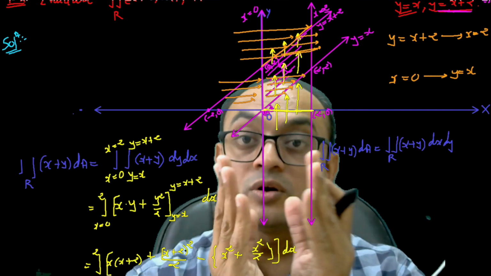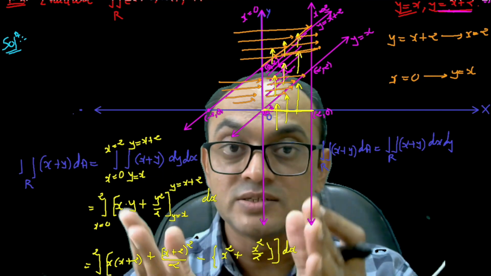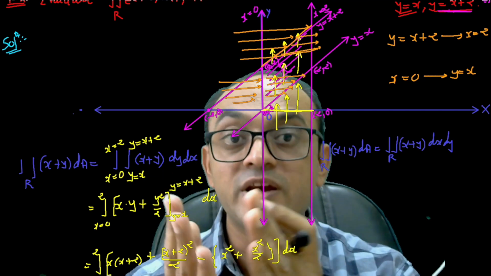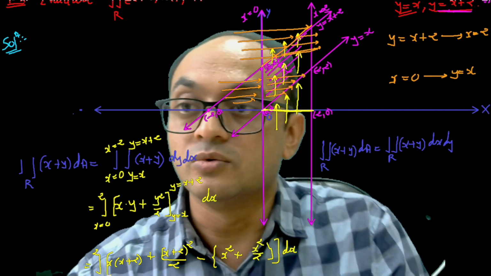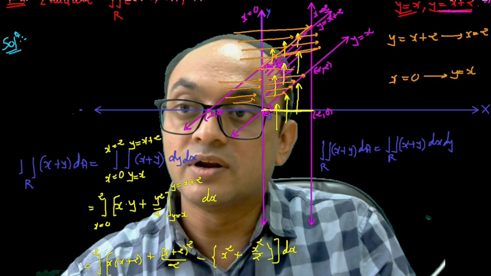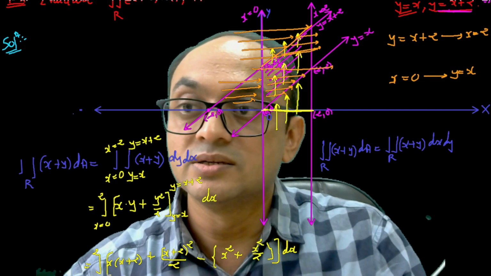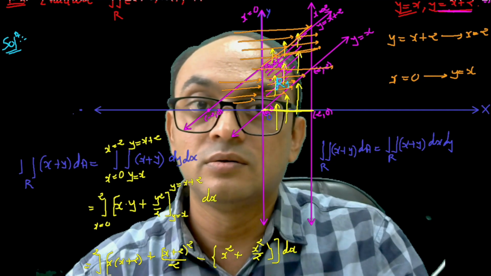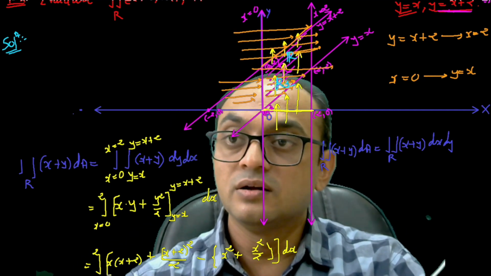Clear? So what we do, as we have seen in the last video, whenever this kind of situation occurs, we divide our region into two parts, the region R1 and region R2. So let me divide our region into two parts, right? This is the region R1 and this is the region R2.